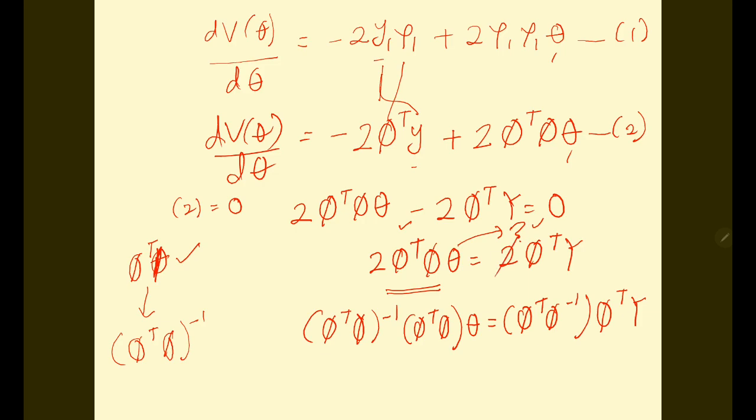Okay, so we already eliminate 2. Here is equal to 1. Therefore theta is equal to phi transpose phi inverse phi transpose y.